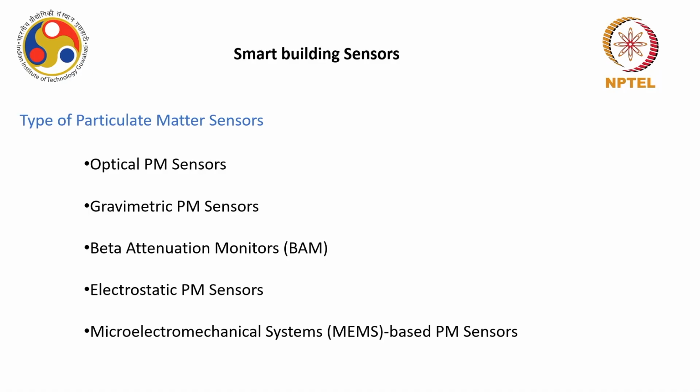You have gravimetric PM sensors, you have beta attenuation monitoring or BAM particulate matter sensors. You have electrostatic PM sensors also, and then the very popular MEMS based PM sensor. So these 5 types of particulate matter sensors actually dominate the market. Of course, the lead is taken by the optical PM sensors.